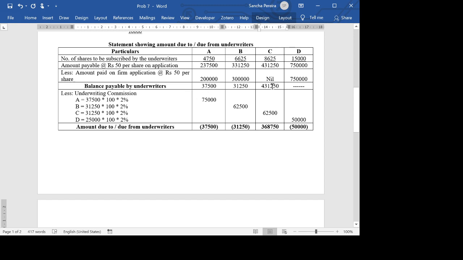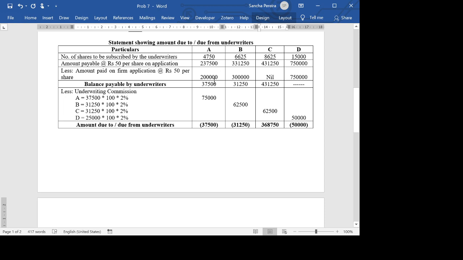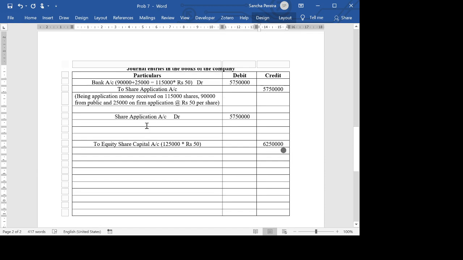I will just show it here. So basically, A has to pay 37,500. So I'm going to say A's account debit. Similarly, B's account debit and C's account debit.